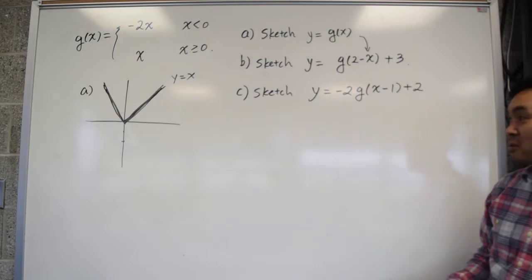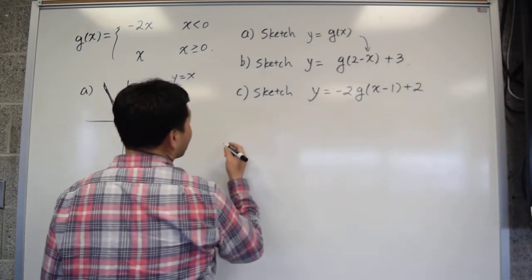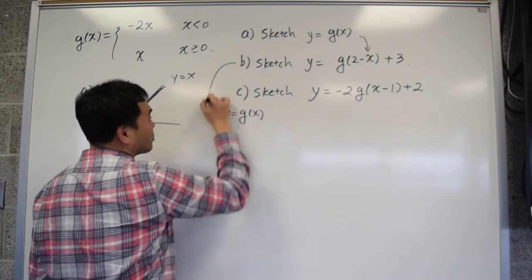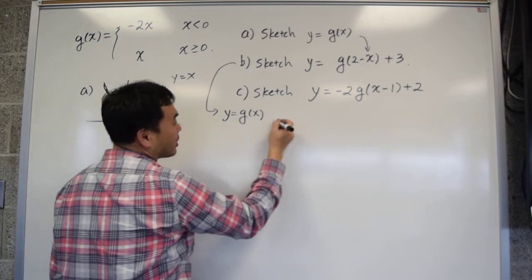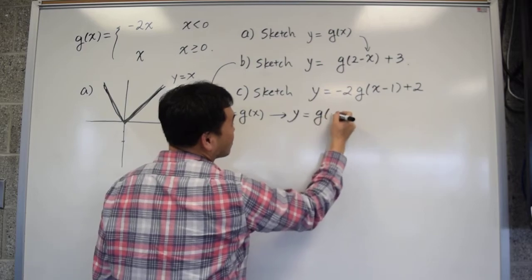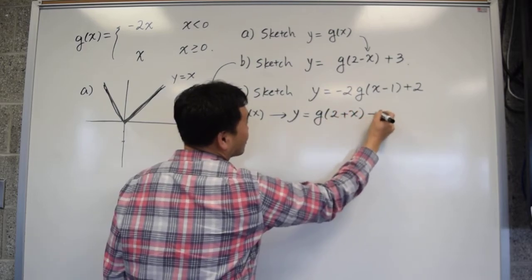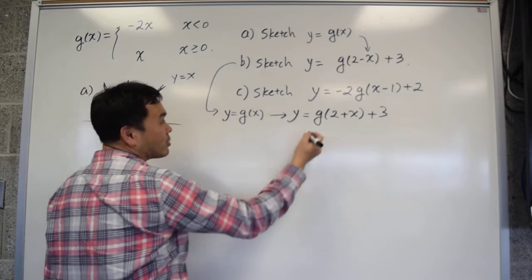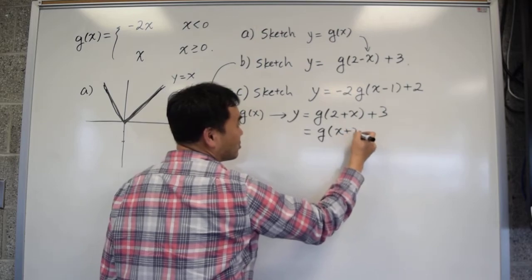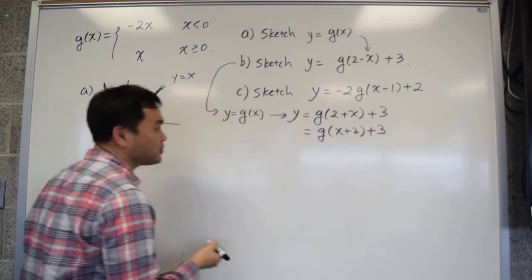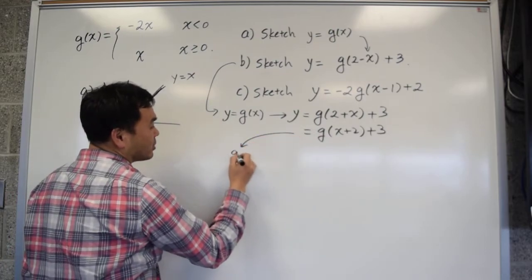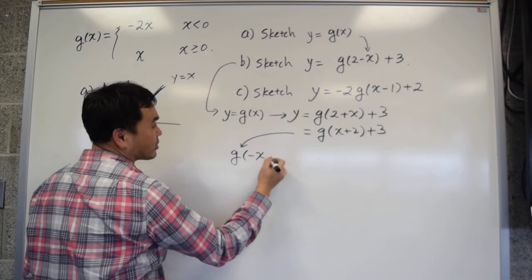So let's think about it from y equals g of x for B. You start from here, and then you move to y equals g of 2 plus x, plus 3. By the way, addition is commutative, so you can write this as x plus 2 plus 3. And then from there, you finally replace x by negative x.